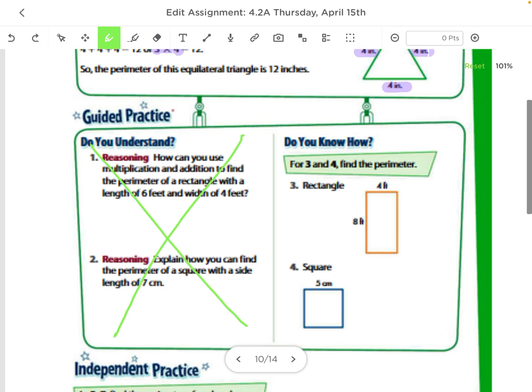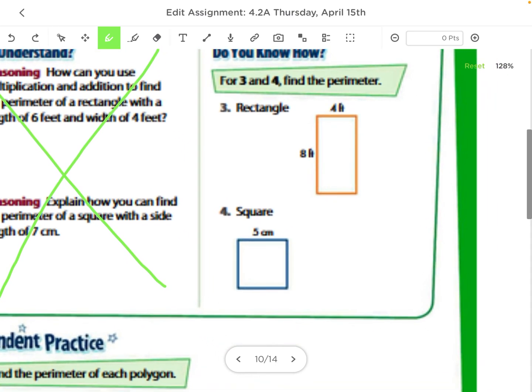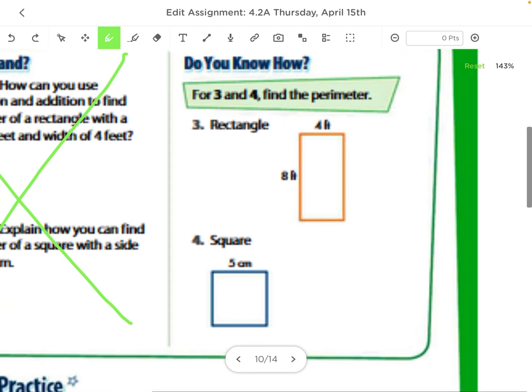Cross out number 1 and number 2. We're going to skip those. We're going to practice using the strategy for the rest of these shapes.